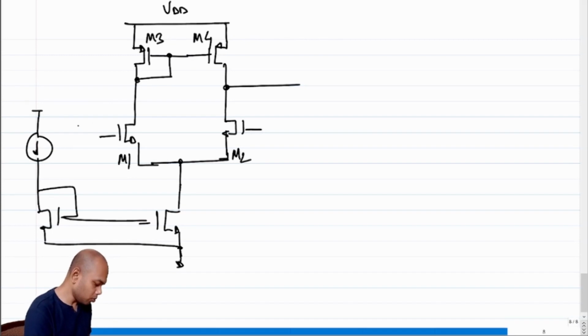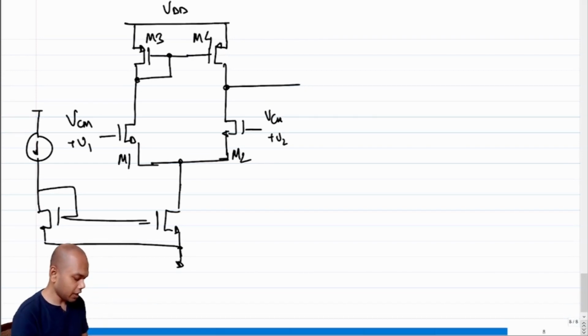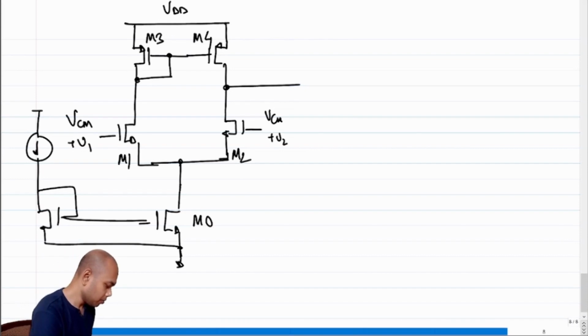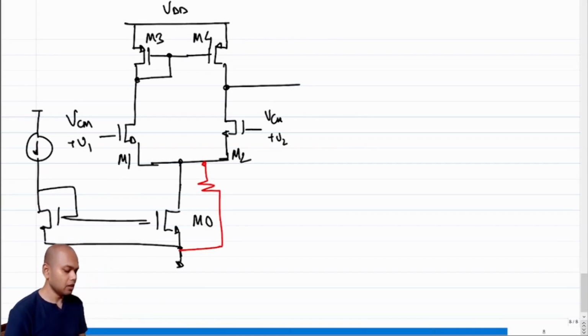And what did that do? What effect did this transistor have? The effect this transistor had was on the common mode response of the circuit, right?